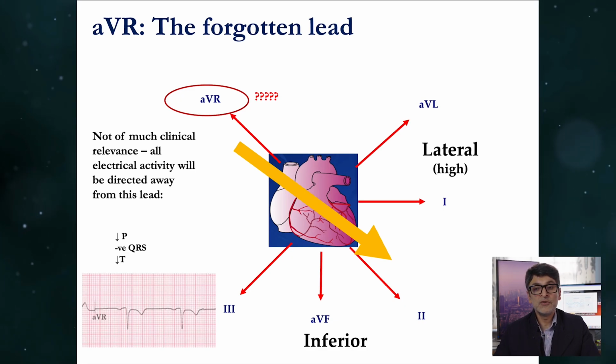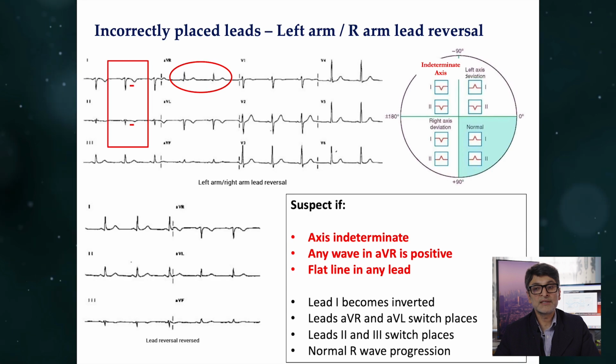Now what happens is, if you see an indeterminate axis with any part of aVR pointing upwards, the suggestion here is that the leads have been misplaced. So that pattern of an indeterminate axis where the QRS points downwards in 1, downwards in 2, but in aVR you've got an upward QRS complex, that pattern would inform you that unfortunately the ECG leads have been misplaced, typically a left-right misplacement.